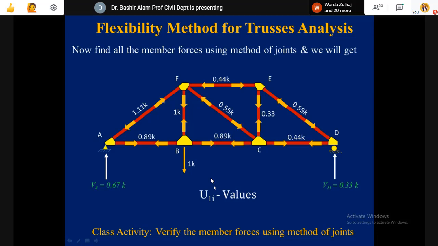Quickly now, you redraw this structure, and under the application of this AR1 unit value, you write the member forces quickly. Why I'm saying this? Because from here we will be completing our member forces table.